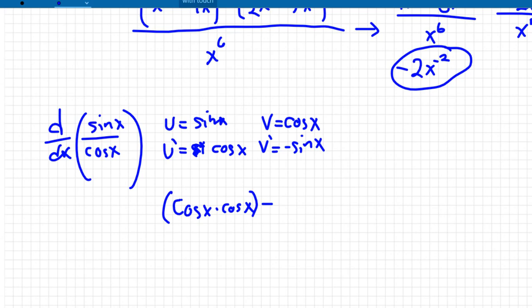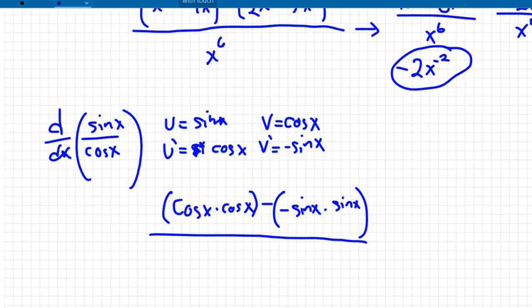Now we want v prime times u, which is negative sine x times sine x, and that's all over low low, which is cosine squared x. Correct? Yes.